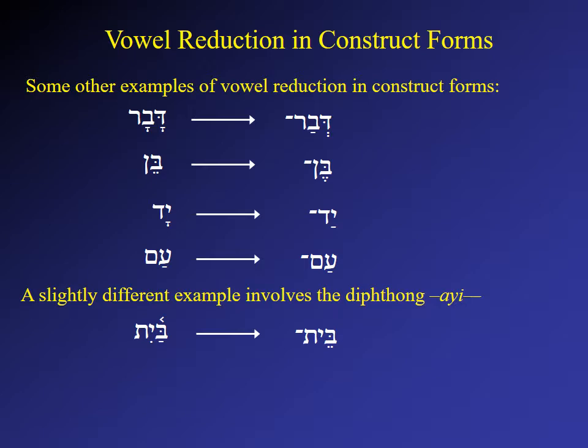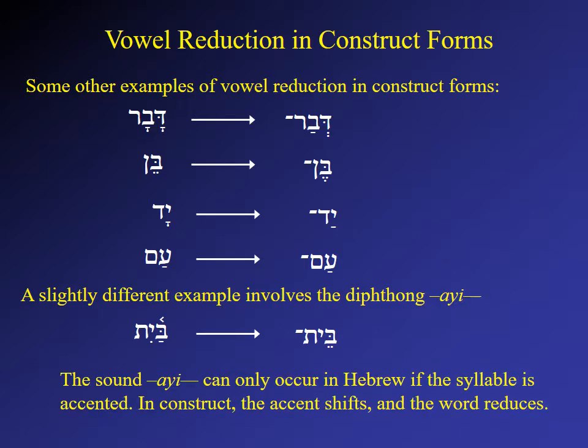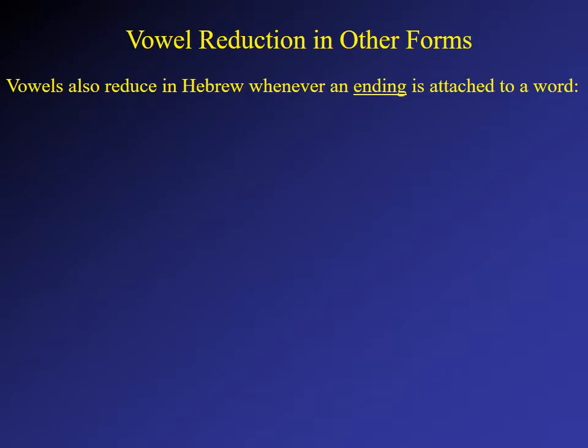So bayit becomes bet in construct. We've also seen the word death, mavet, which reduces to mot. So here's the rule. Ay can only occur in Hebrew if the syllable is accented. So in construct, the accent shifts and the word simplifies from bayit to bet. Alright, so that is vowel reduction in construct form.